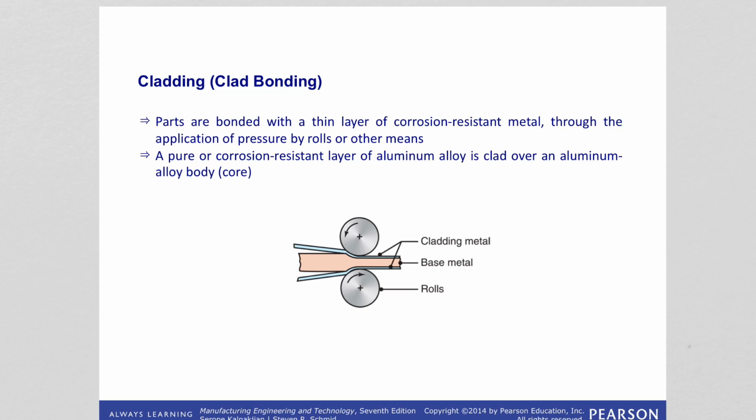Usually this is to achieve corrosion resistance, where we provide a surface layer. It can also improve wear resistance, electrical conductivity, thermal conductivity, or surface appearance. This can mostly be used to form composite materials.